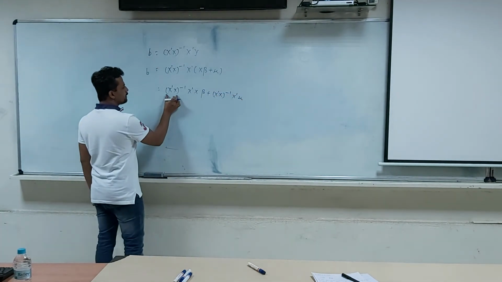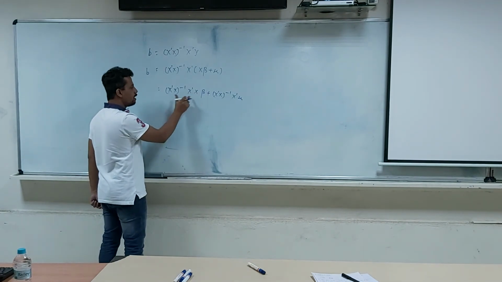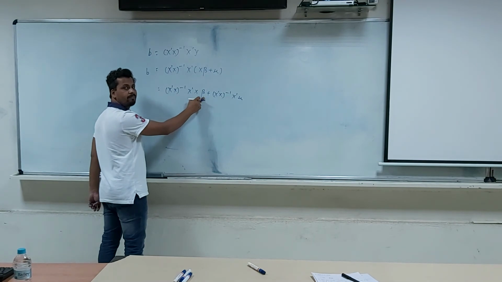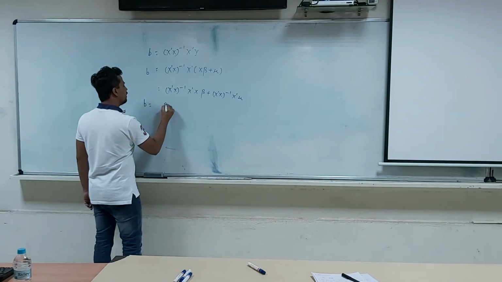Now this is A inverse times A, so this will become the identity matrix, multiplied by the population parameter vector, that is beta.